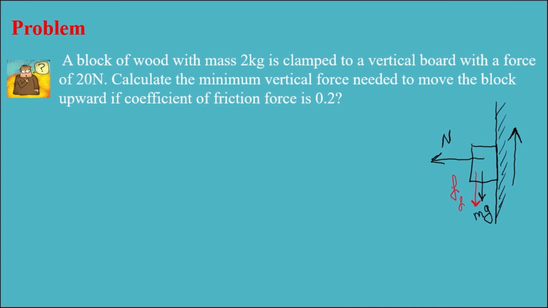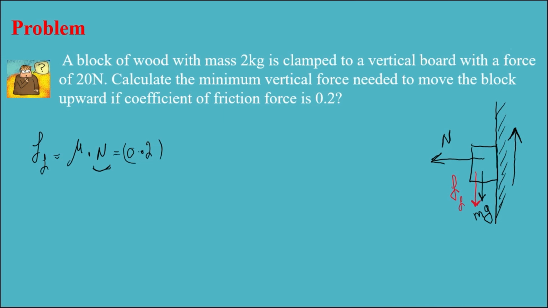So now, if I wanna calculate the minimum force, then I need to calculate the friction force first, right? So my friction force here, FF, is equal to mu times N, right? My mu here is 0.2. However, here I need to find N, which is the normal force, correct?